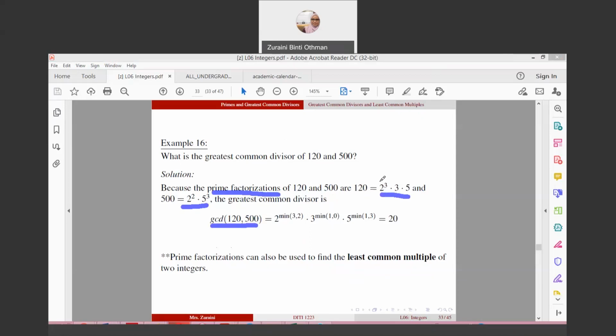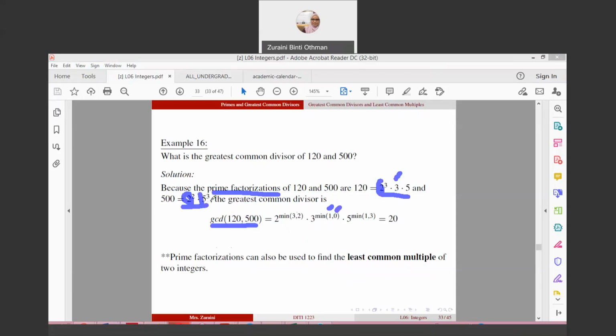Okay, so now for GCD, by using the previous example tadi tu kan, kita tahu 2 kat sini kan, 2 ada 2. Kat sini pun ada 2 juga. Okay, so now 2 kat atas ni yang power dia ada 3 dengan 2. And for 3 here, but here there is no 3, so we put it as 0 kat sini.